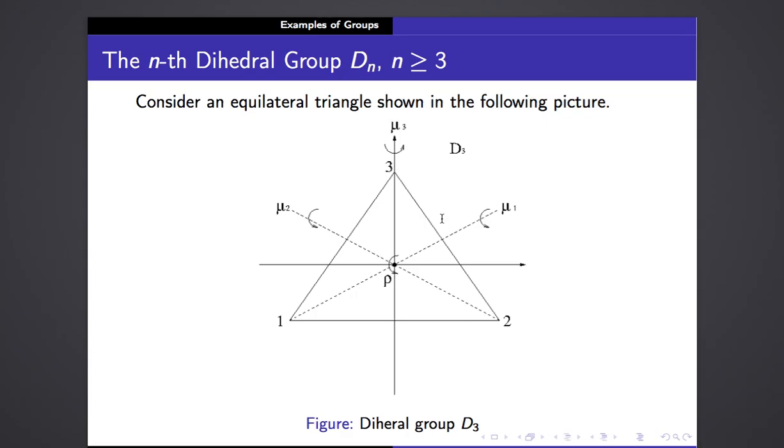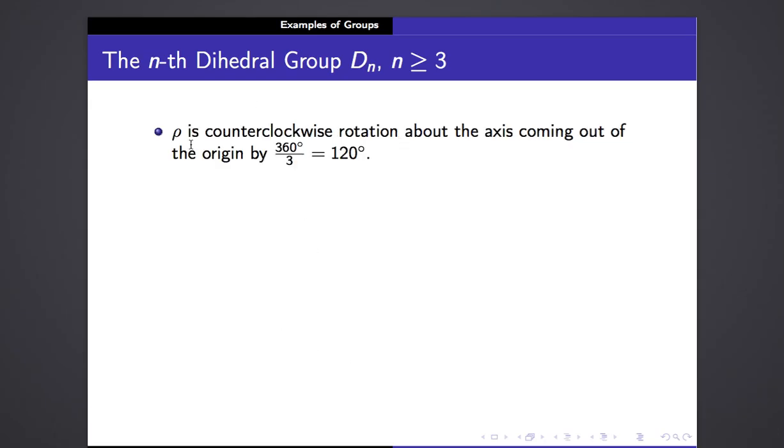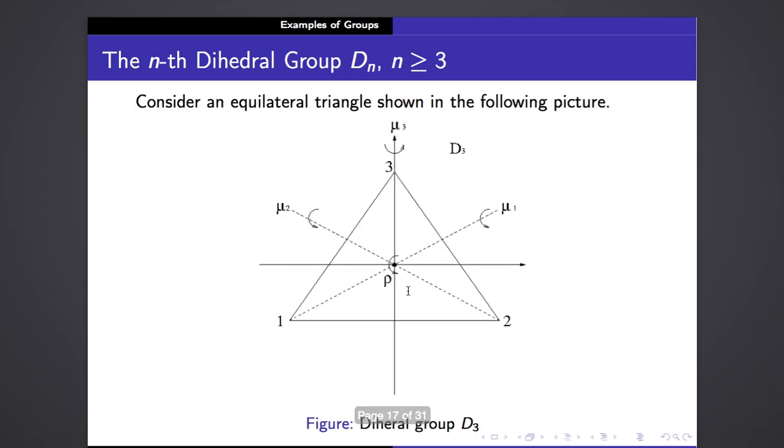So we have an equilateral triangle, and we are considering rotations. They are called rho, mu1, mu2, and mu3. There are 4 rotations.